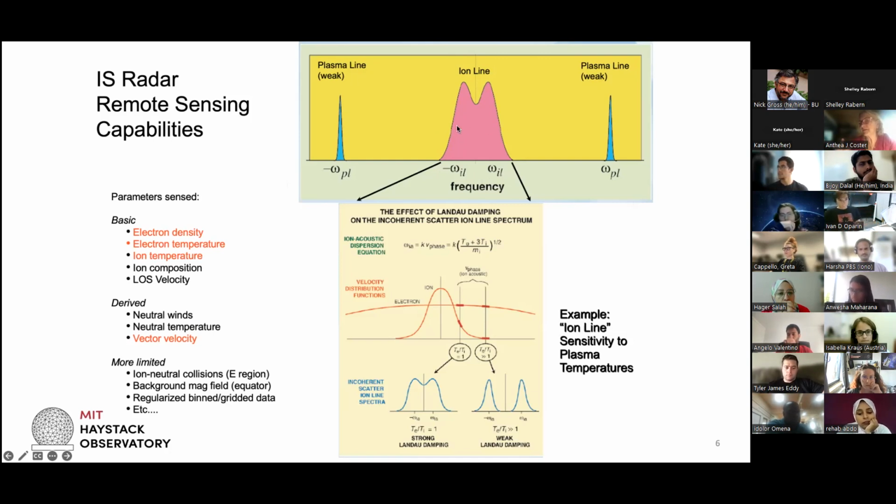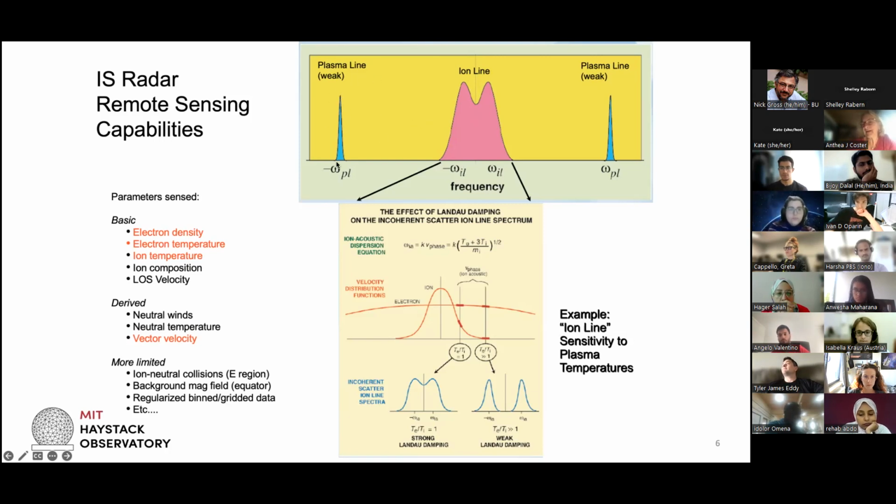We have to fit this ion line to models. From here, we get information about the temperature, the ratio of the electron temperature over ion. All of the energy underneath here is equivalent to the electron density. And basically, we can get information from how these two peaks are spread. But this is what we teach you about in the course.